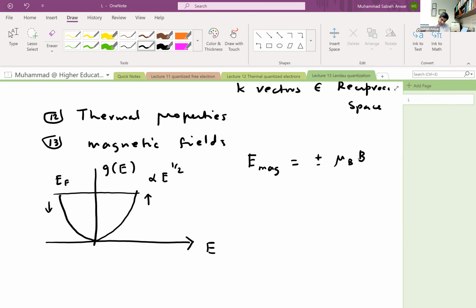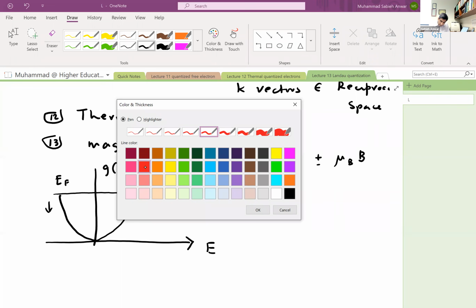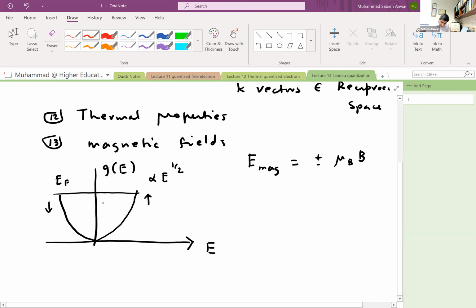So if this system of free electrons, which is called a Pauli gas of electrons, is subject to a magnetic field, we've found out already that one of the bands lowers its energy and the other band increases its energy by this much.